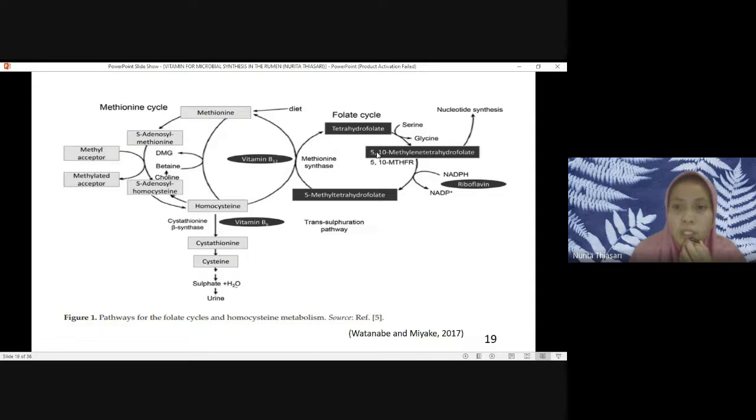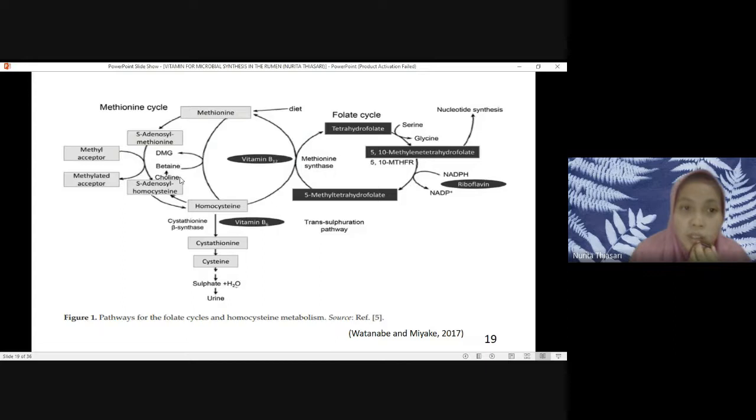to become 5,10 methylene tetrahydrofolate. And then another vitamin, for example vitamin B12, here from the homocysteine it will become methionine. And another vitamin, for example vitamin B6, from the homocysteine, is needed to build up cystathionine beta synthase, which is an enzyme to become cysteine.